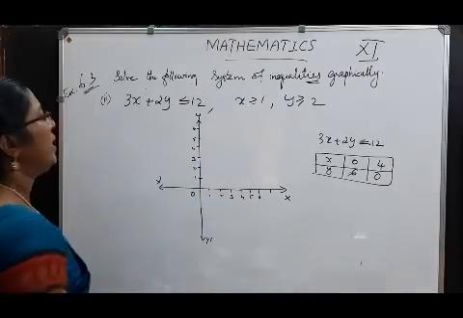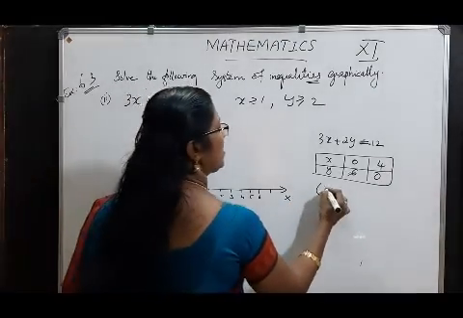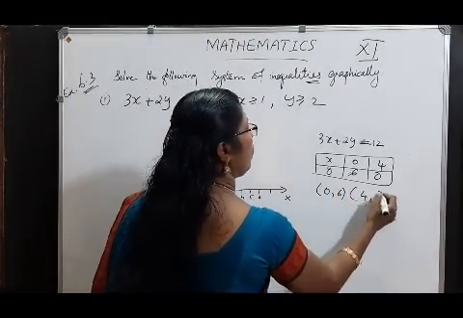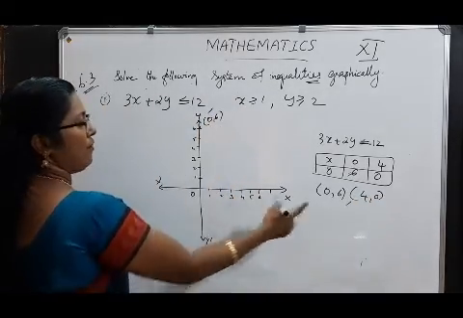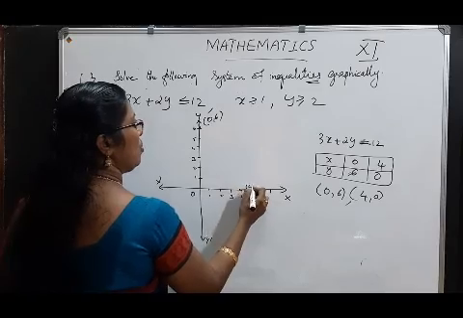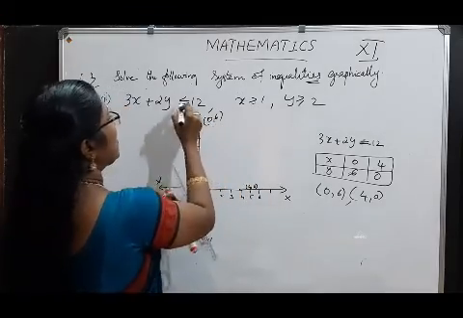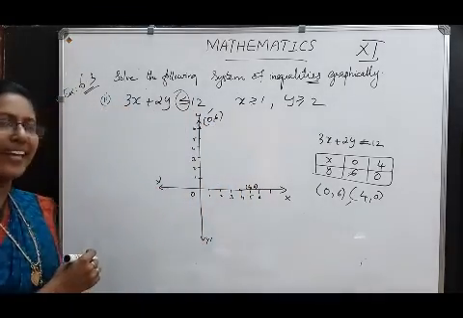The points are (0, 6) and (4, 0). Join them. This is a slack inequality.